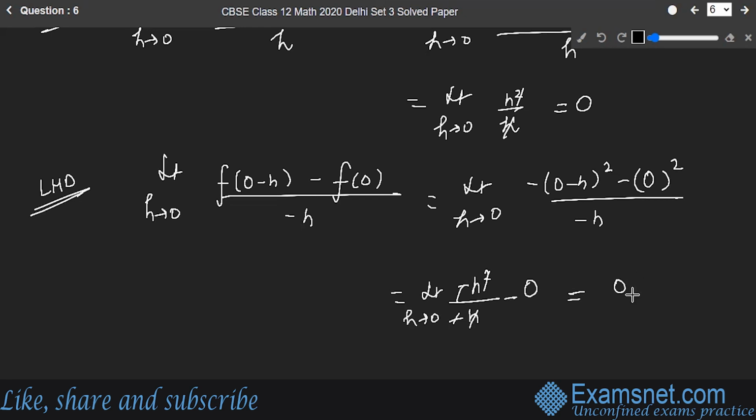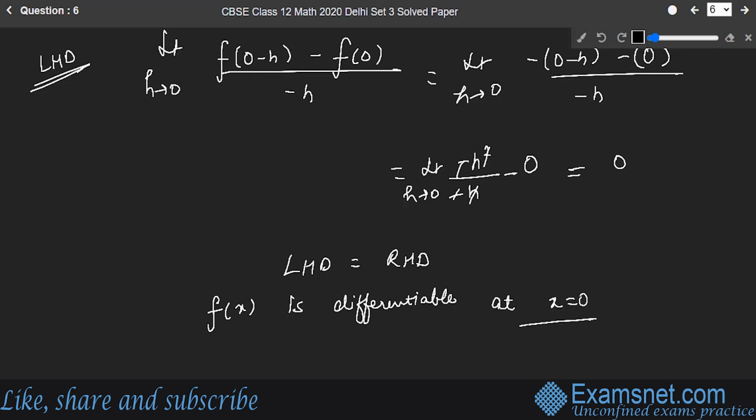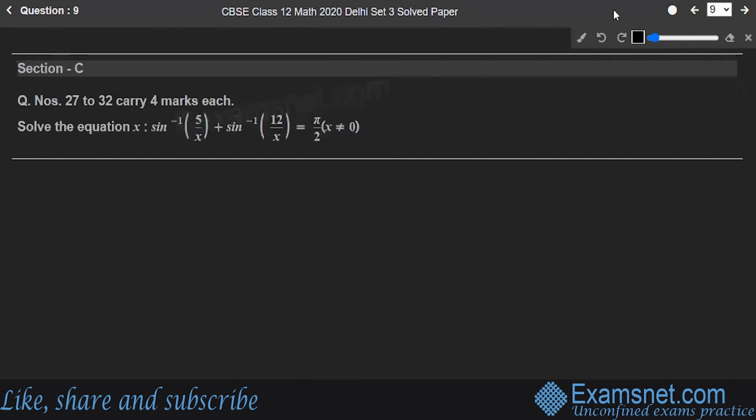Limit h approaching 0, h is equal to 0. That means I got the left hand derivative equal to the right hand derivative, which means f(x) is differentiable at x is equal to 0. So we had to check for the differentiability at x is equal to 0, and yes, it is differentiable. Hope you understood that. Let's move to the next question.